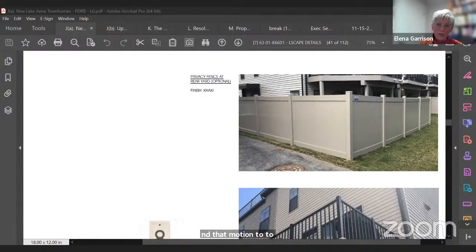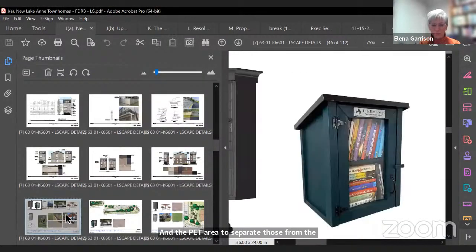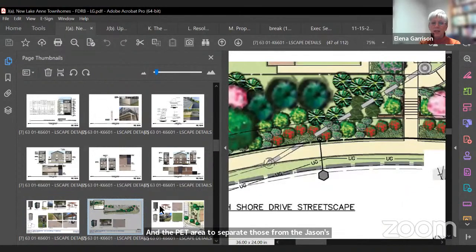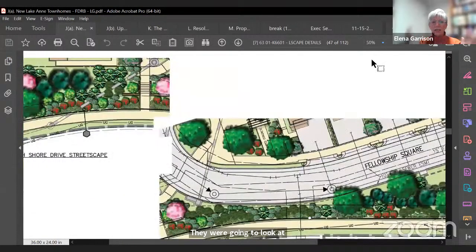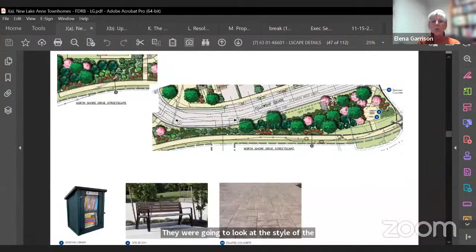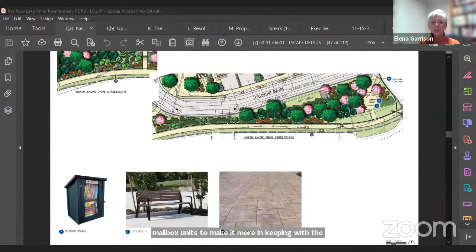Can I amend that motion to add that they were going to look at the location of the fence? They were going to look at both the arbor area and the pet area to separate those from the adjacent homeowners' entry doors. They were going to look at the style of the mailbox units to make it more in keeping with the contemporary style of the architecture.